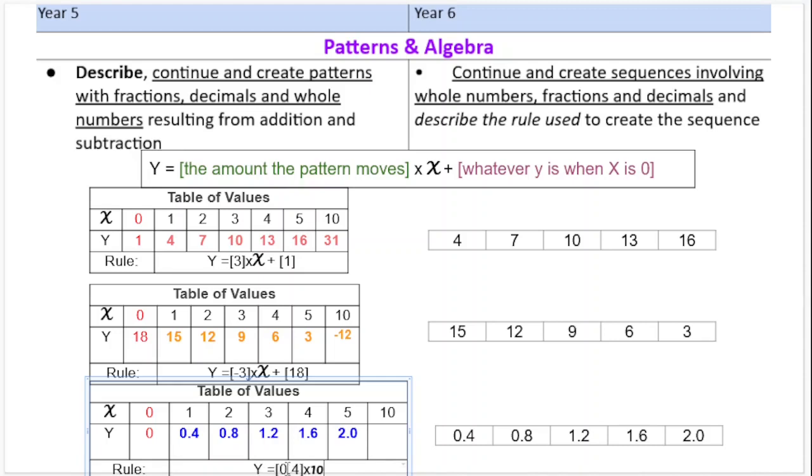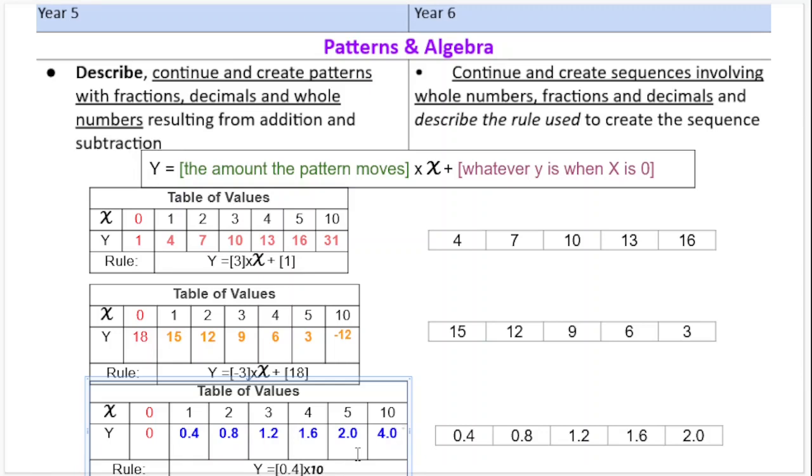So if x was 10, which it is here, so 0.4 times 10. Well, I think you know how to times anything by 10. We're going to jump our decimal 1, and it takes us to 4. And to keep it consistent, we can just go 4.0 just for fun.